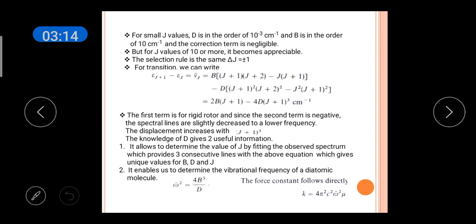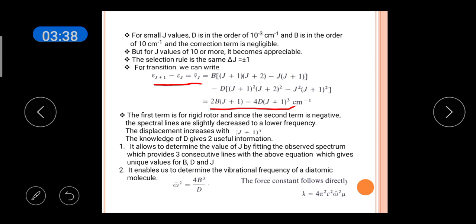For any transition from J to J plus 1, we can write epsilon J plus 1 minus epsilon J is equal to nu J bar, and we can substitute for epsilon J and epsilon J plus 1 and rearrange the terms to get 2B into J plus 1 minus 4D into J plus 1 the whole cube.